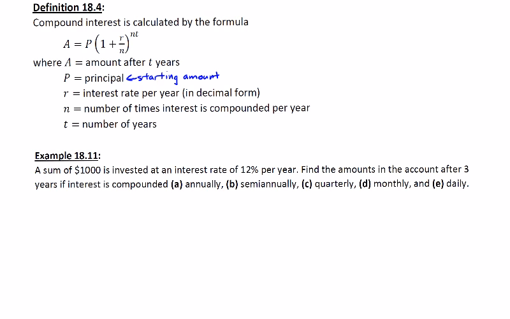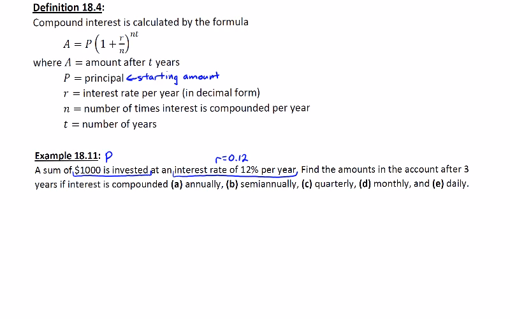So it starts with saying a sum of $1,000 is invested. That represents your principal amount. That's your initial amount that you're going to be investing at an interest rate of 12% per year. And we would want to make sure that we represent that as r equals 0.12.